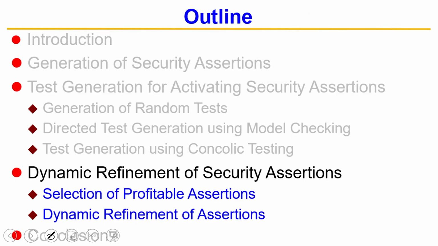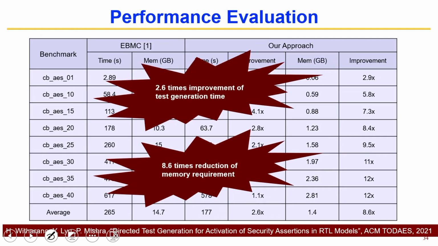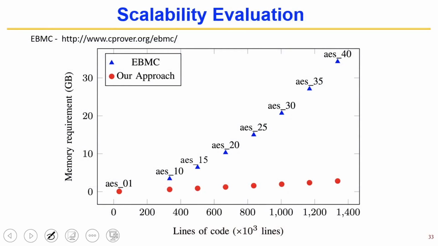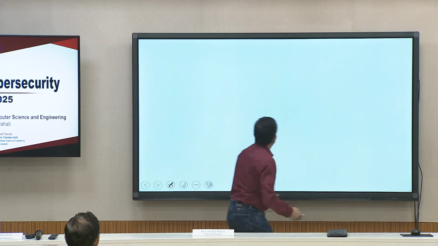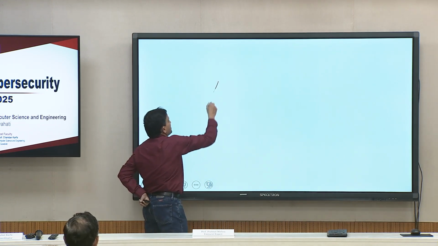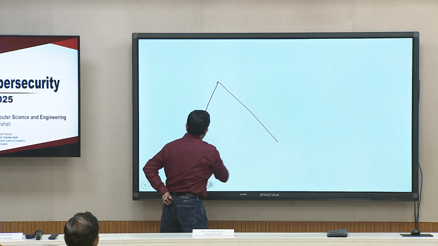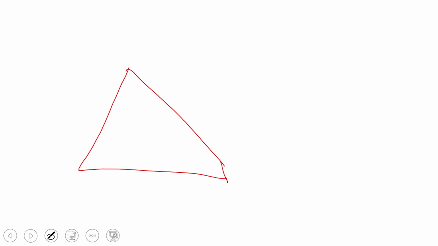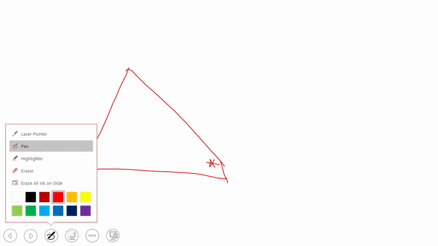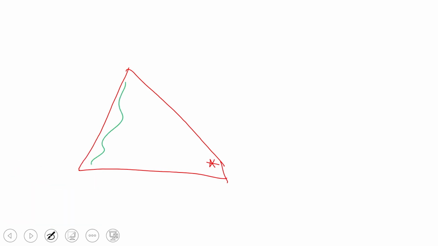Okay. So, before I go to dynamic refinement, let me try to answer one of the questions most people ask. If this is my search space, and my target is farthest away from where I started, maybe originally you are looking here, then you are looking there, then you are looking there.